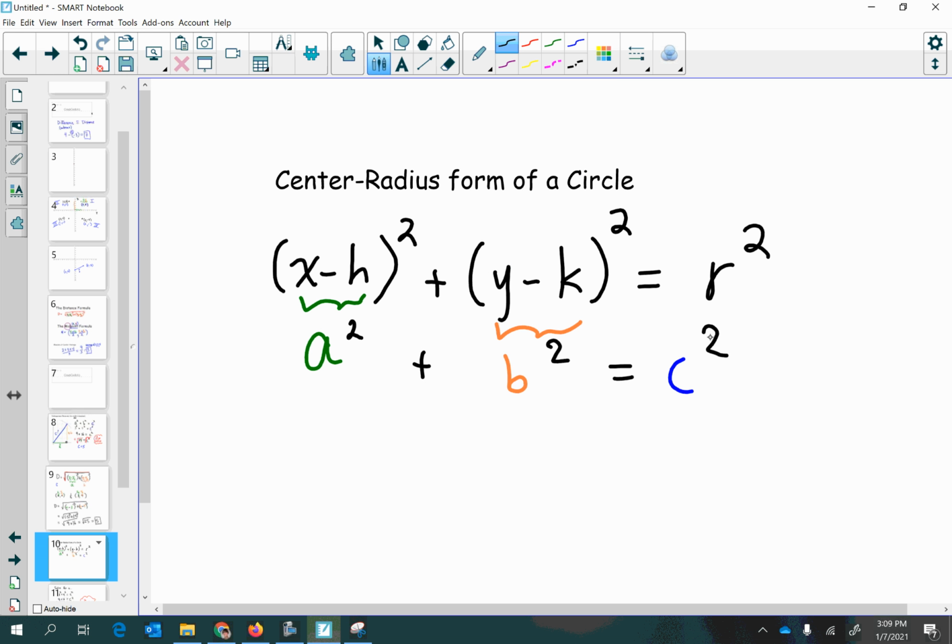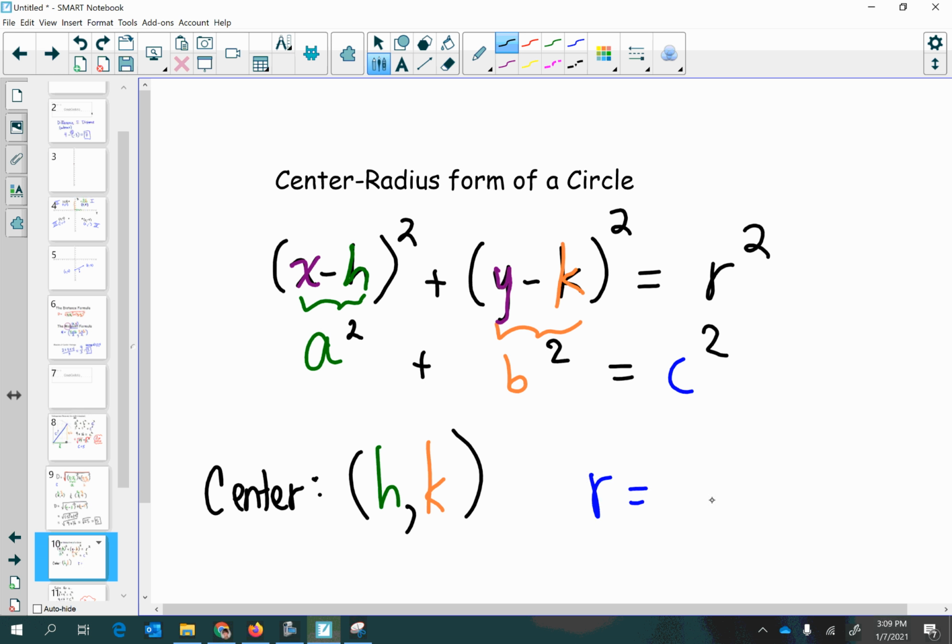So the center radius form of a circle is also the Pythagorean theorem, where your x and y represent any point anywhere on the circle, and your h and your k just represent the actual middle of the circle. So the center of the circle is h comma k, and of course r is the radius.